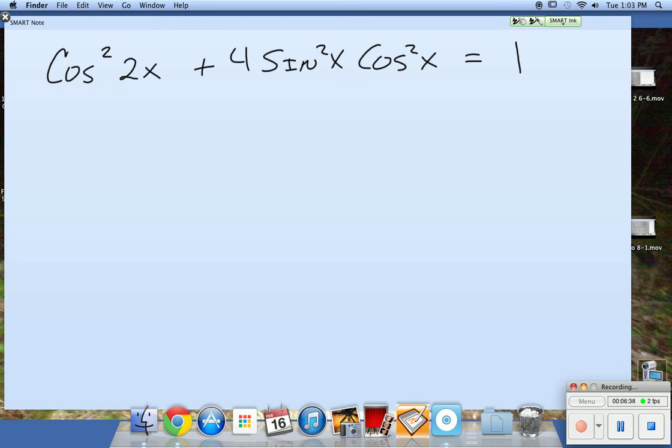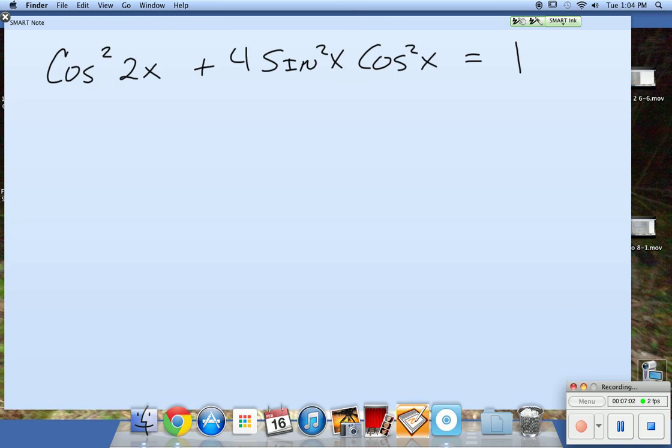Well, you're close in what you're doing here. No, you can't add these together. It's 2x and that's x, so you can't add them together. Look at the Pythagorean identity.